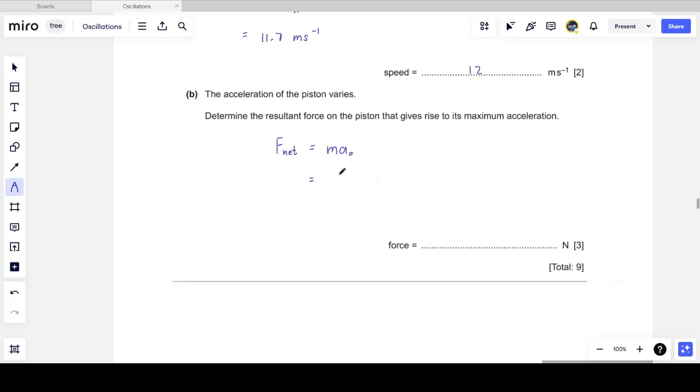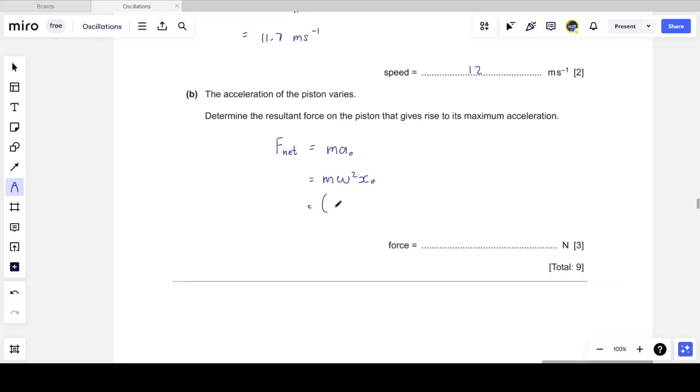And so this is m times a naught. Can we write a naught any differently? Yes, m times omega squared x naught. I can ignore the minus sign here. I just want the magnitude of the resultant force.